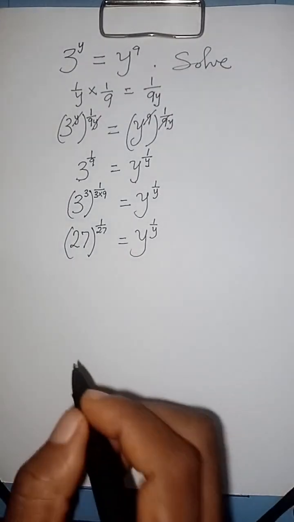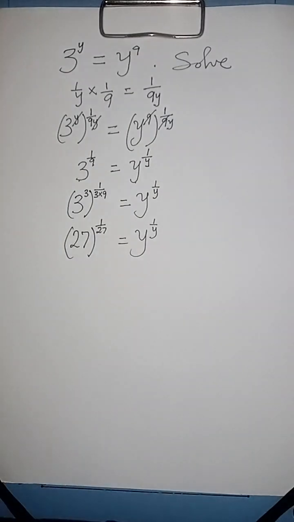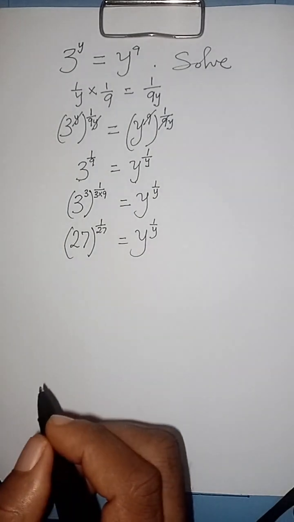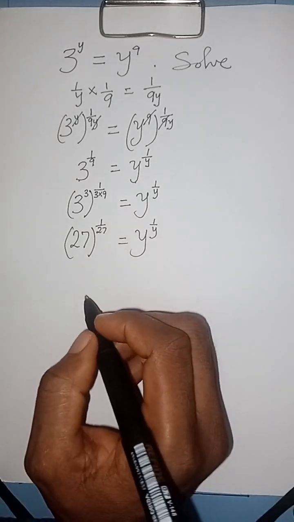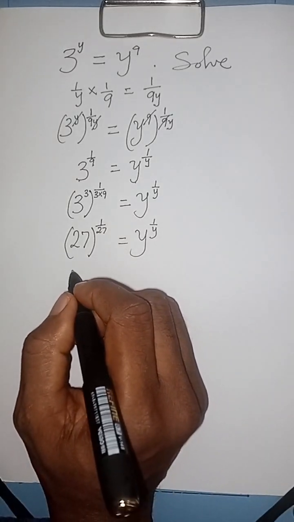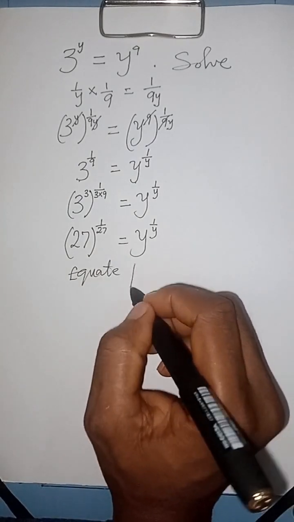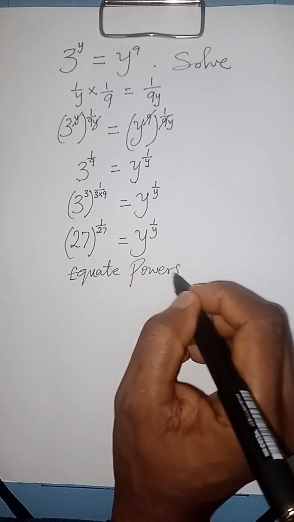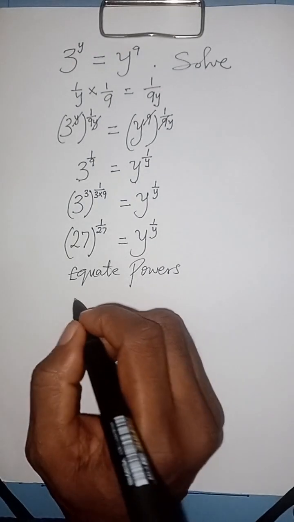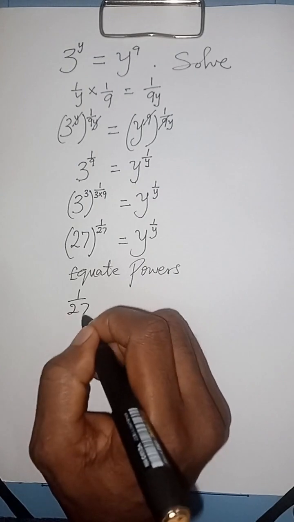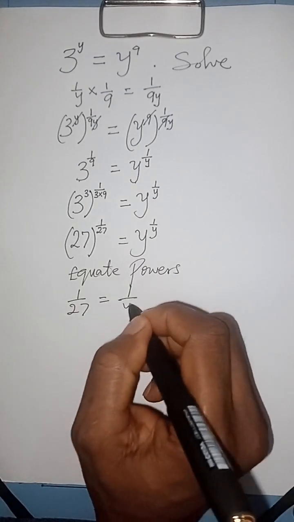So at this point, the next thing we do is to equate the powers. You either equate the powers or you equate the base. If I equate the powers, it's going to be 1 over 27 equal to 1 over y.